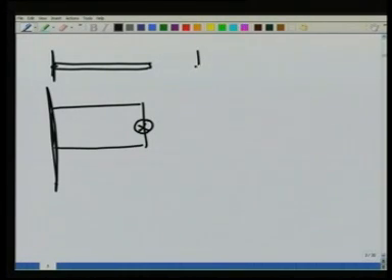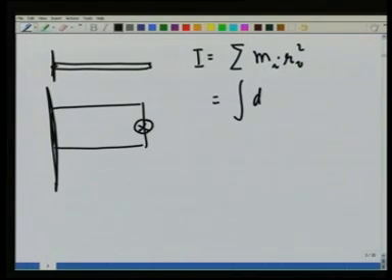So, we can generalize this definition, which we wrote as mi Ri square, as the integral of some mass dm, which is at a distance r square, integrated over the entire body.